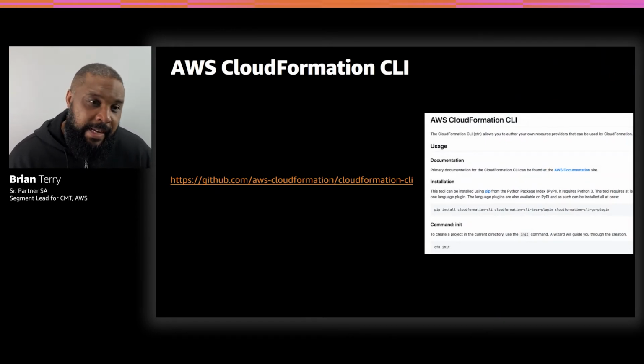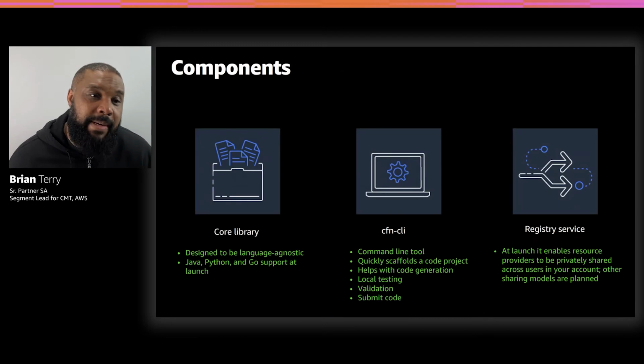You can find that at the GitHub repository, because CloudFormation has made every effort to make this documentation known, and it's also open source, so you can actually see how this is made. Basically, you install the CloudFormation CLI on your computer, and it's a starting point for creating these resource types and modules. Within that CloudFormation CLI is a core library.